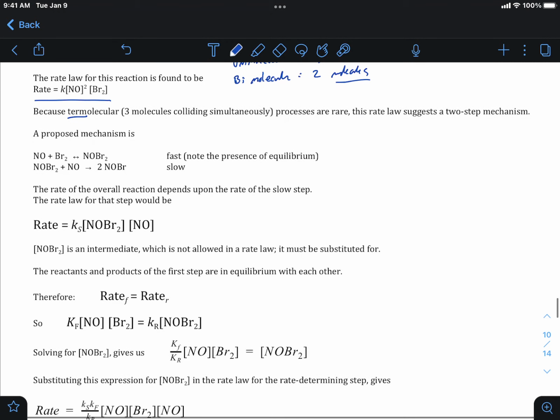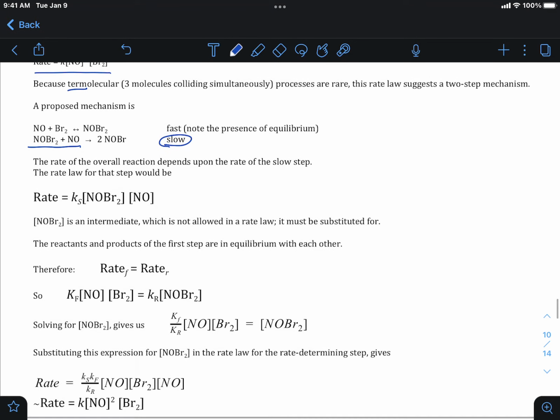So if you base the rate law on the slow step, it would look like this. Does everyone see that? Rate is equal to K, and S stands for slow, right? So rate is equal to K times NOBr2 times NO.